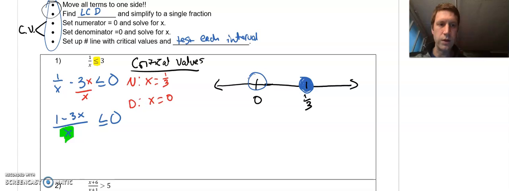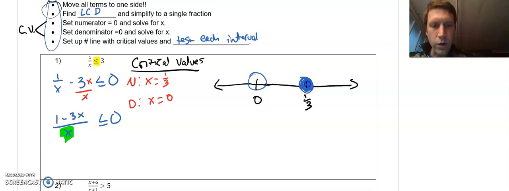They will never be included, because if they were, it would generate an undefined value for your fraction. Regardless of whether you have an equal sign underneath your inequality sign, you always leave the critical values from the denominator as open circles.